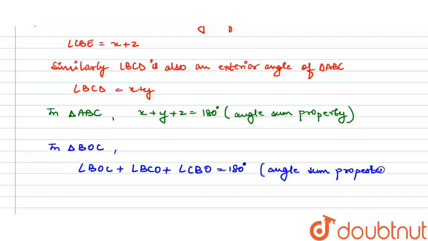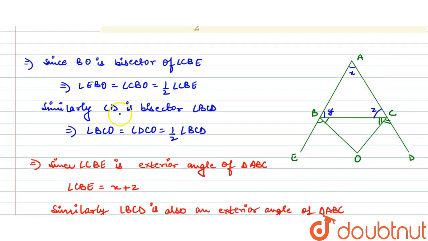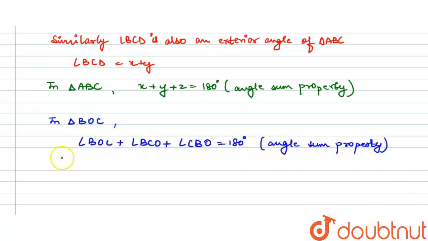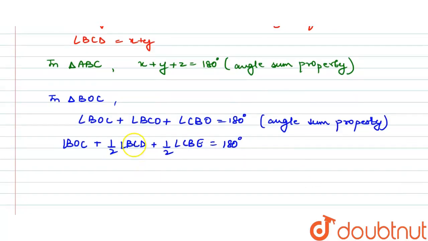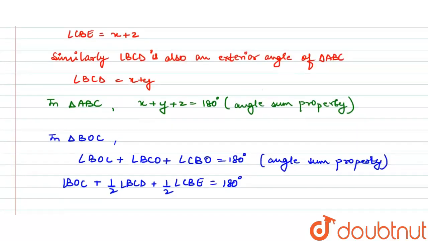Now BCO is half of BCD and CBO is half of CBE. So angle BOC will remain as it is, plus half of angle BCD, plus half of angle CBE, is equal to 180 degrees. Now we put the values of BCD and CBE that we got earlier.